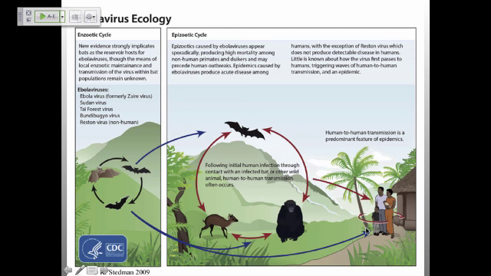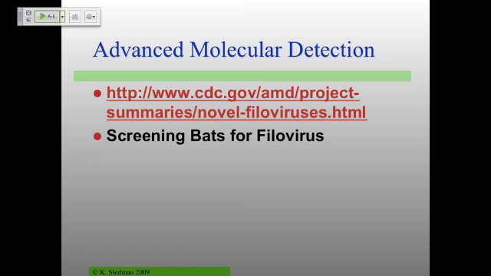So what are we doing about this? One of the main things that the CDC is doing is trying to figure out that question that you were asking right at the beginning: where are these viruses most of the time? So what they've been doing is literally going into some of these bat caves, and again, this is not a job I would want to have, and screening bats for really any kind of viruses, but filoviruses as well.